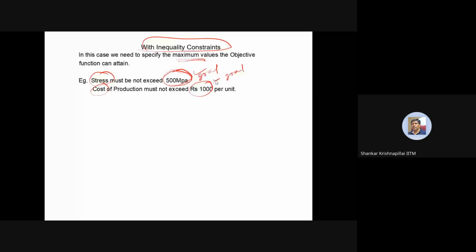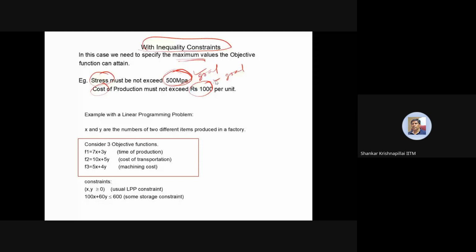Okay. So now we will look at it with a simple linear programming problem, because the topic of goal programming in the textbook is very complex. This method is very easy and you can understand easily. Suppose I have three objective functions, and x and y are the two variables. F1 is time of production must be minimized, then cost of transportation must be minimized, and machining cost must be minimized.